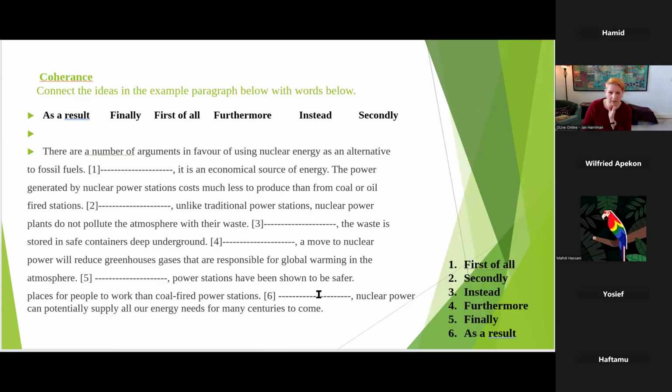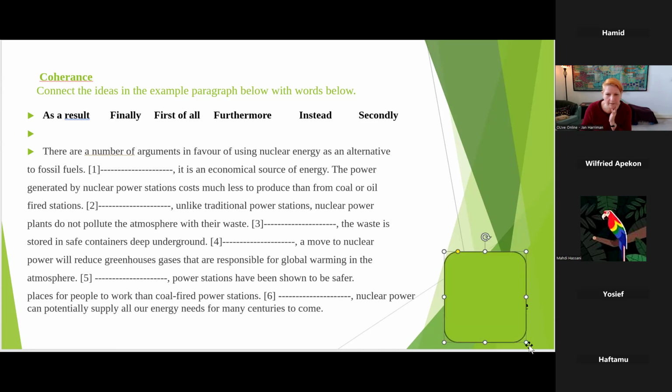I've got a quiz here on using connections to make something coherent. Okay, and this is an example of an essay.